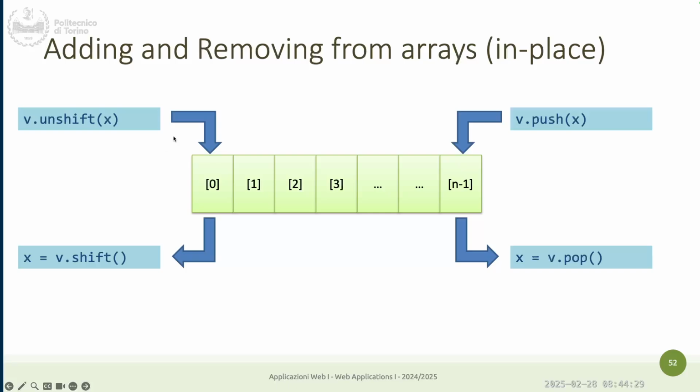We could question the efficiency of using a sequential array for pushing at the beginning or extracting from the beginning, because that would imply a shift of the elements. So actually, O(n) complexity is not a constant time operation.